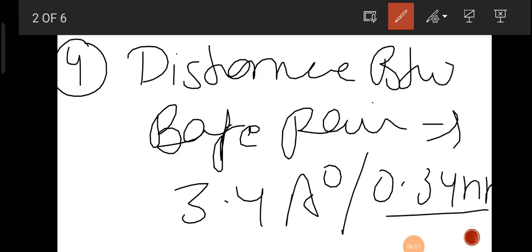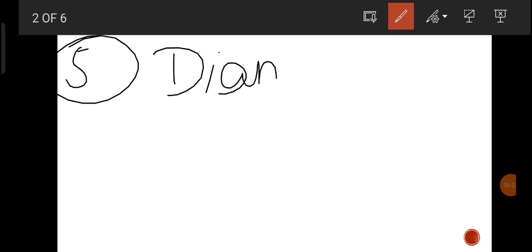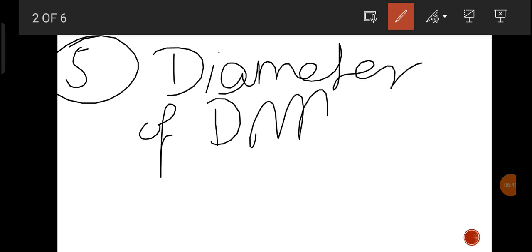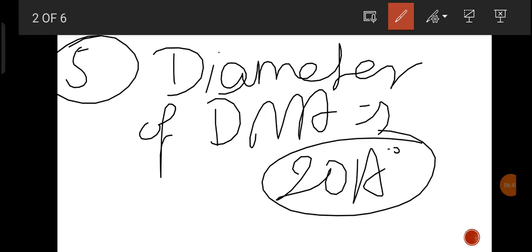Either 3.4 angstrom or 0.34 nanometer, it is the same thing. This is the fixed distance between base pairs of DNA. The second is the diameter of DNA, that is 20 angstrom.